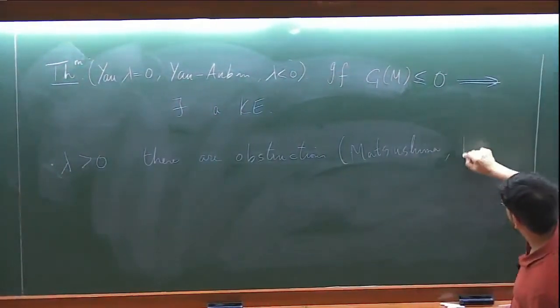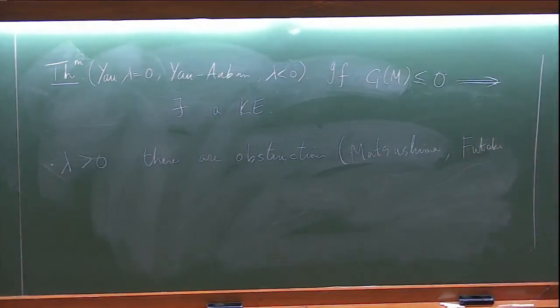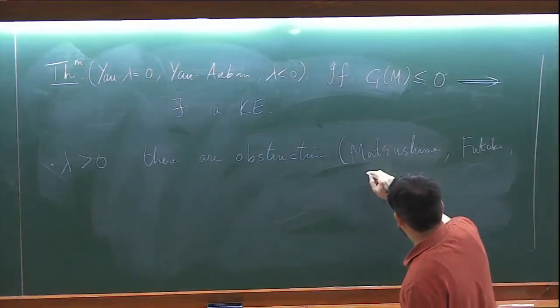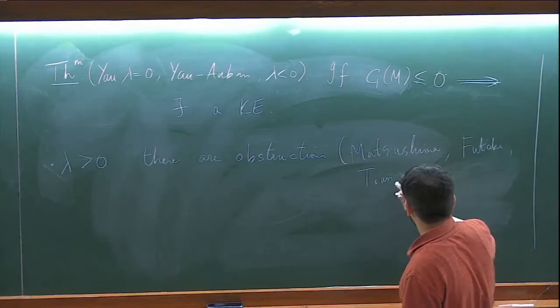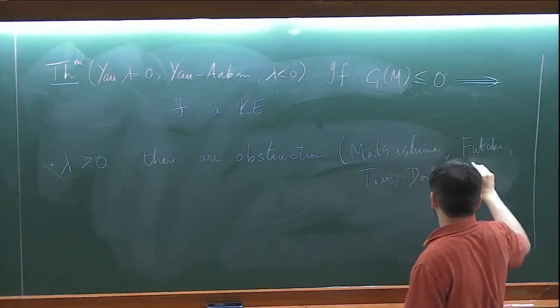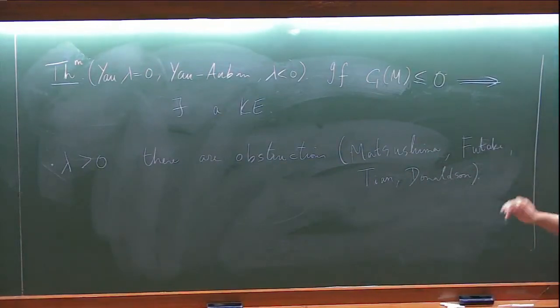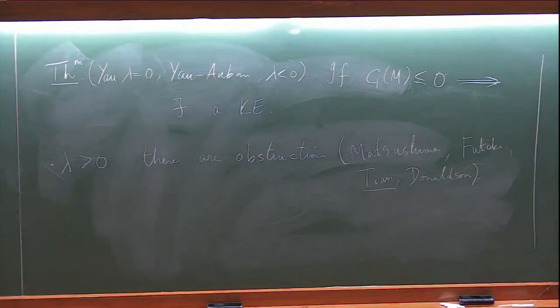And then there's a more analytic obstruction which will play a role in today's talk, which is due to Futaki, and its generalization by Tian and Donaldson. So in the positive Chern class, this is mainly due to Tian.